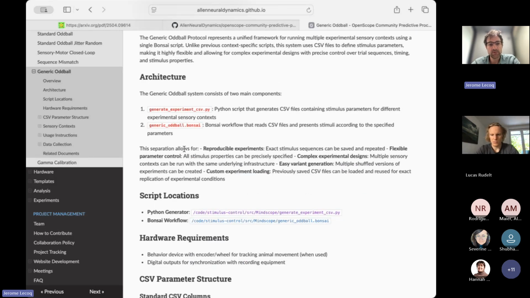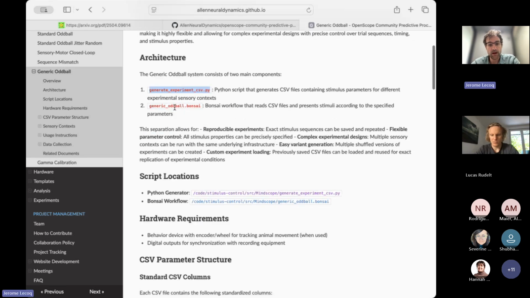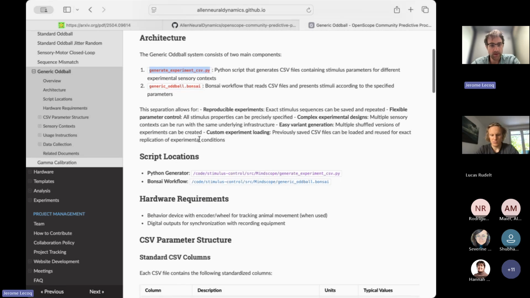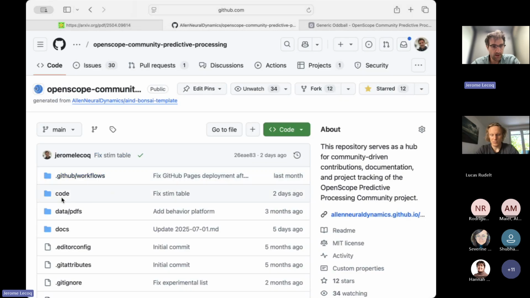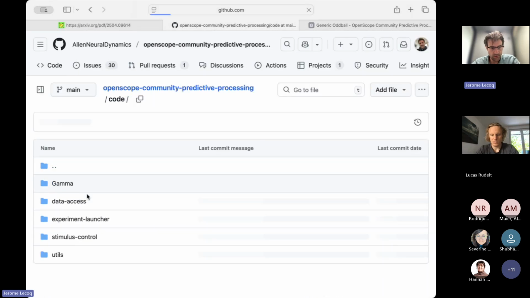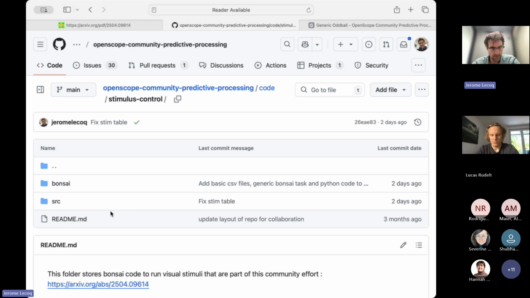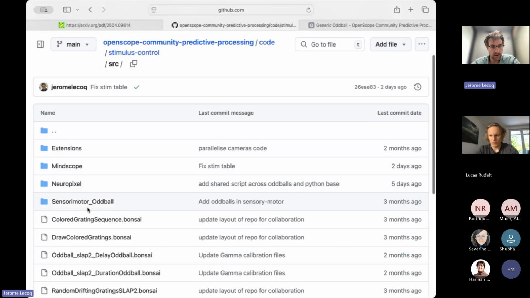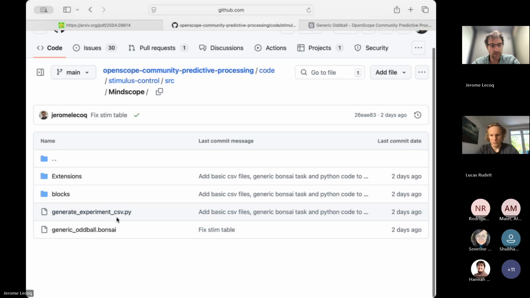There are two pieces to it. One is the Bonsai file, and the second one is this Python script that I'm going to explain now. This little Python script is located in the code, here, generate experiment CSV.